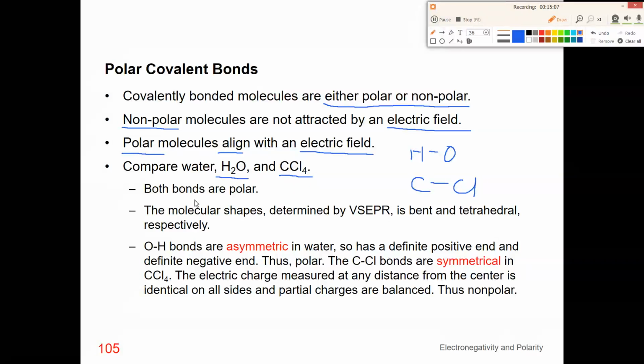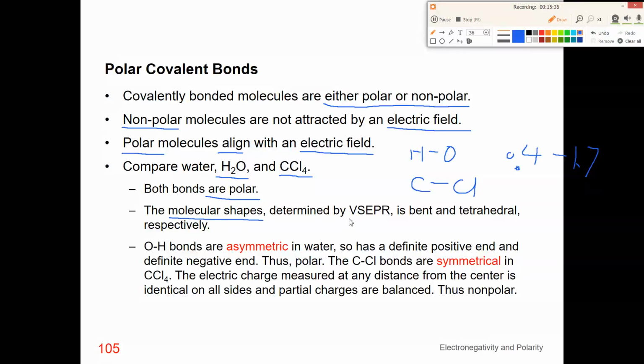Both bonds are polar, and you can use the electronegativity difference to figure that out, because the difference is between 0.4 and 1.7. The first thing we need to figure out is whether a bond is polar or nonpolar. In the case of both polar, the next step is to figure out the molecular shapes.